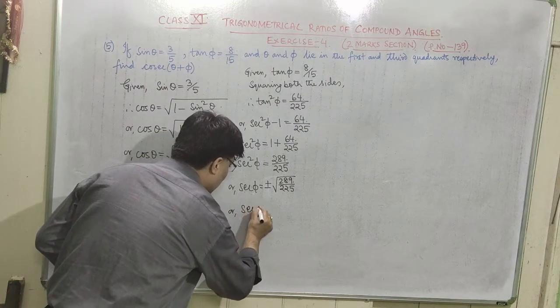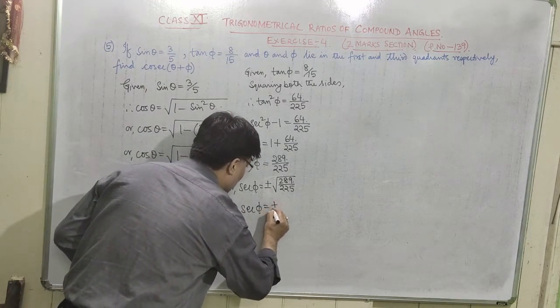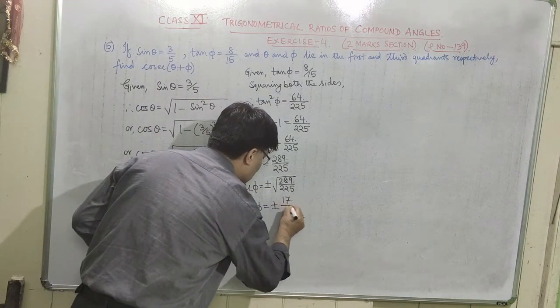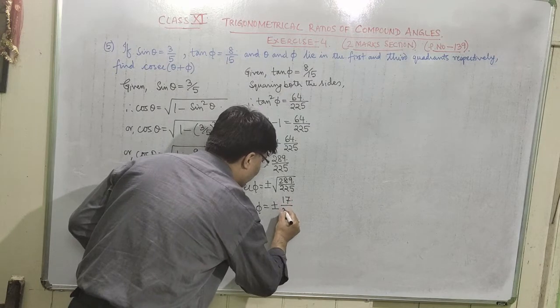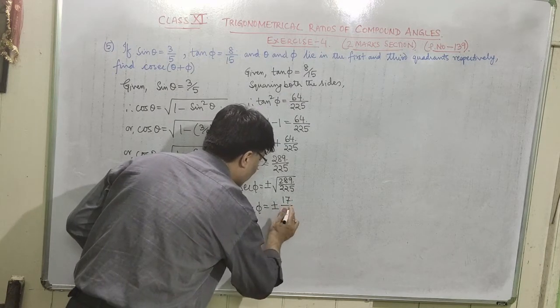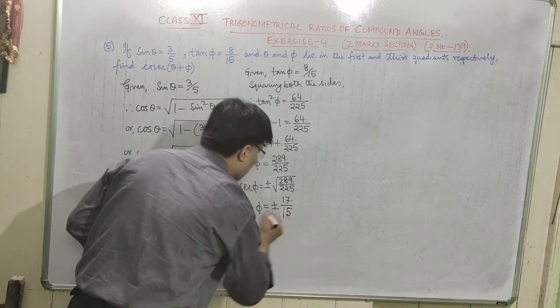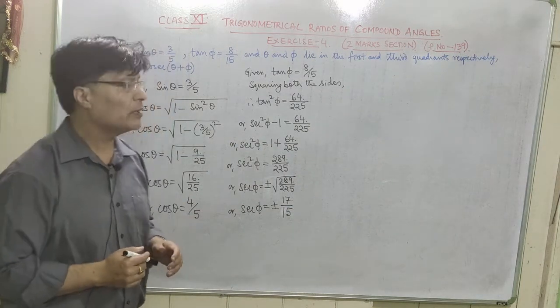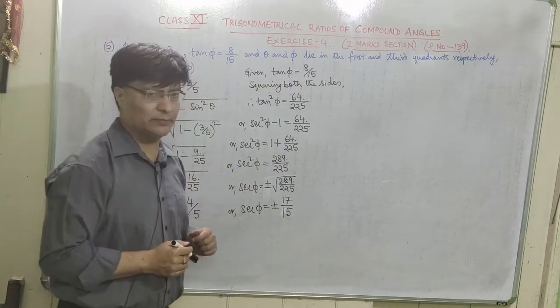So sec phi is equal to plus minus, what is the square root of 289? It is 17. What is the square root of 225? It is 15. So we have got the value for sec phi. But which is the correct sign here?